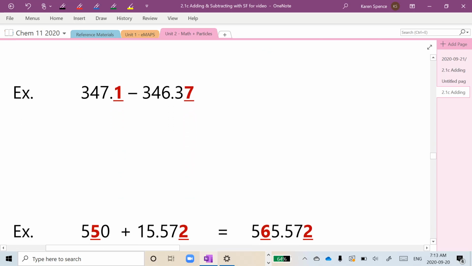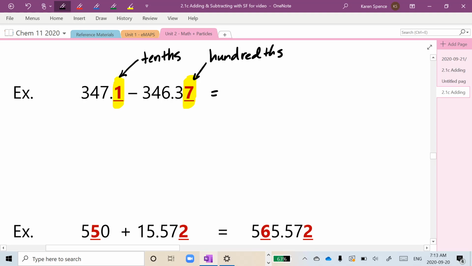Next, we have 347.1 minus 346.37. So my uncertain digit is in the tenths position, and then this one is in the hundredths position. What's my largest uncertain digit? It's going to be the tenths as opposed to the hundredths. Okay, so plug that into my calculator.